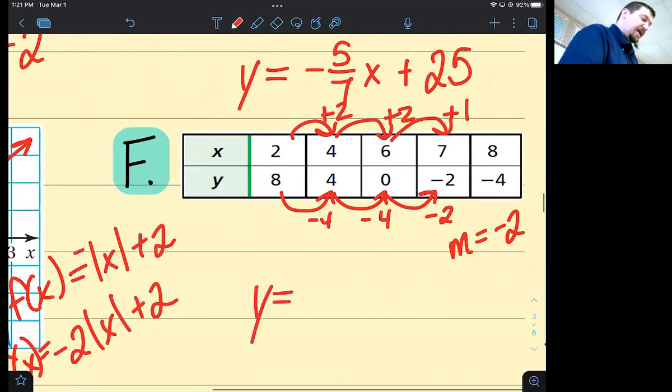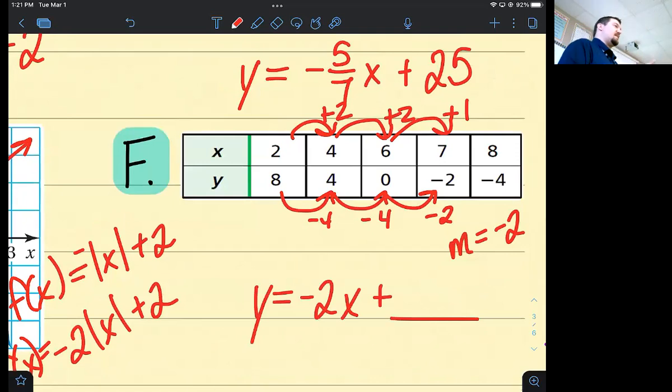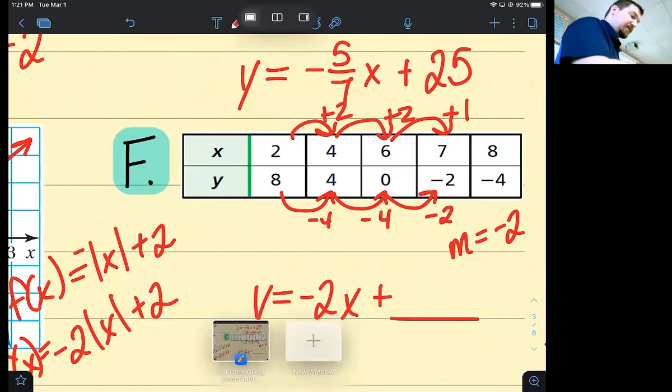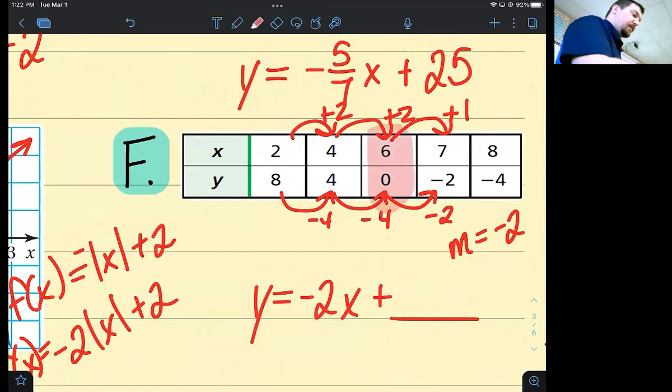Y equals -2x plus something. And so do they give us the Y-intercept? Where do you see X being 0? They don't give it to us. However, yeah, they give us the X-intercept. You're right. This is the X-intercept right here, which I don't want.